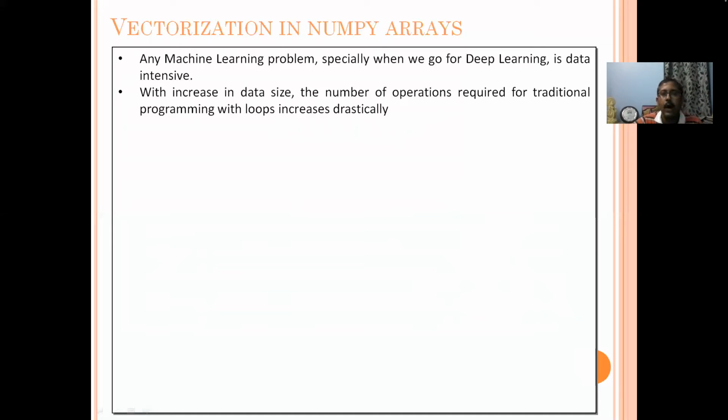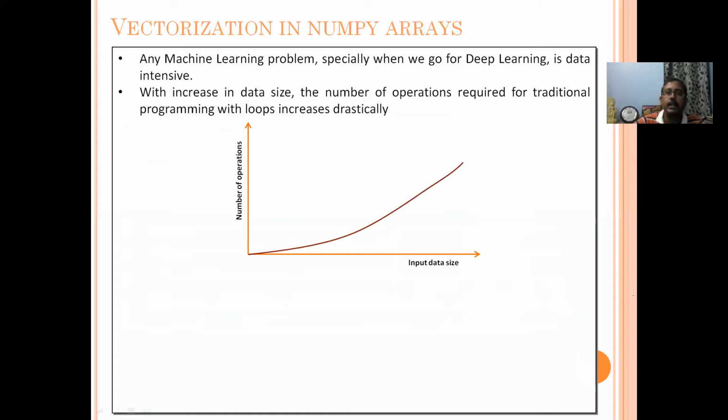So one thing which can be done, and which is being introduced using this vectorization concept, is just replacing these loops, right? So this is the case of a normal data set when we are doing the traditional operations like looping.